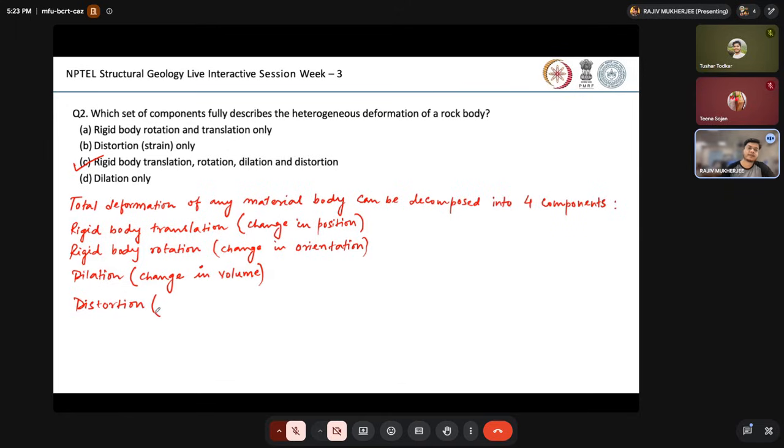This is of course what we call strain or the deformation, change in shape.